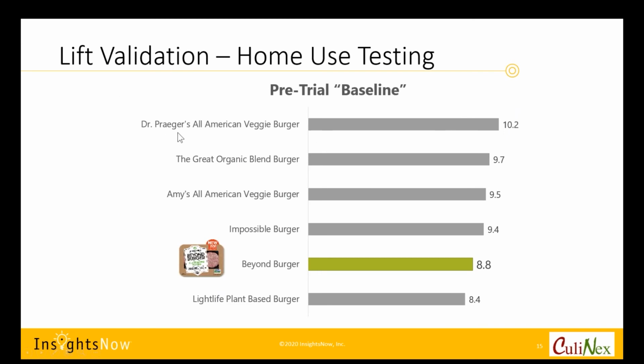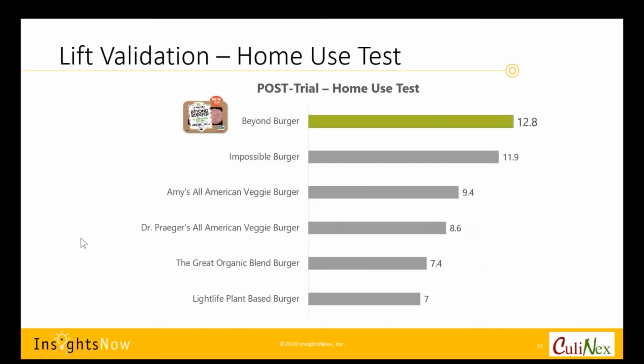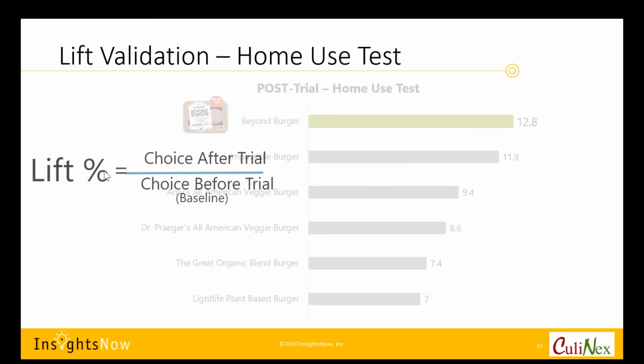Here you see for the plant-based burger, Dr. Praeger's scores the highest in terms of choice, and Beyond Burger scores lower. What we found is that in a home use testing situation where people are assessing Beyond Burger, after they try the product, they get tremendous lift. They're basically going to the most chosen product in the category.